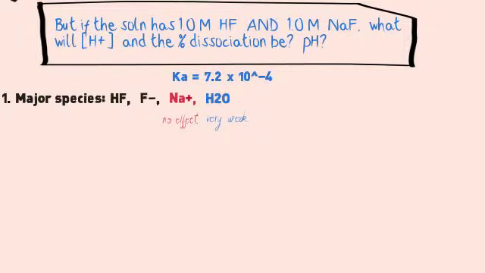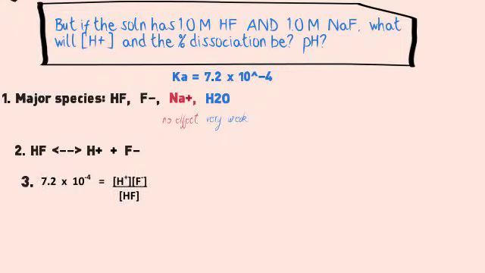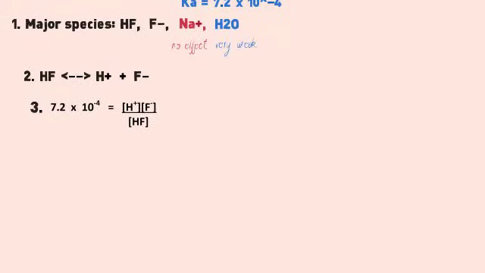So we can discount that as well. So rewriting the equation, this is what happens if we're going by Ka. And Ka, write the expression, is 7.2 times 10 to the negative fourth equals H plus times F negative over HF.